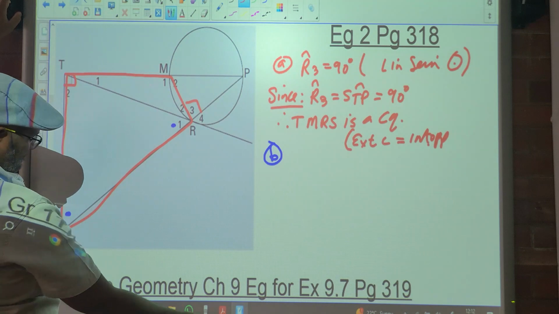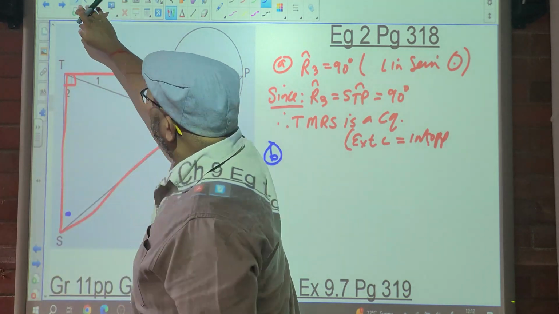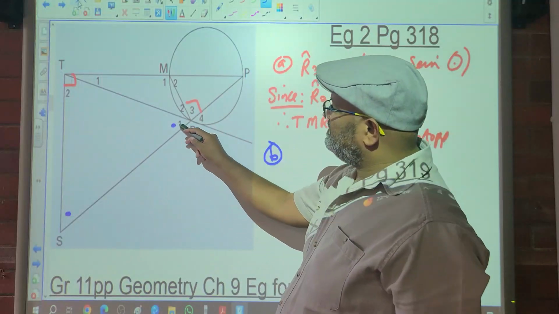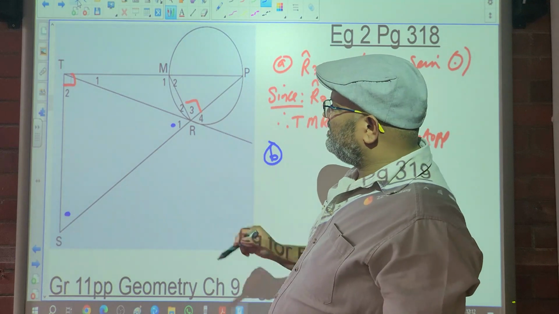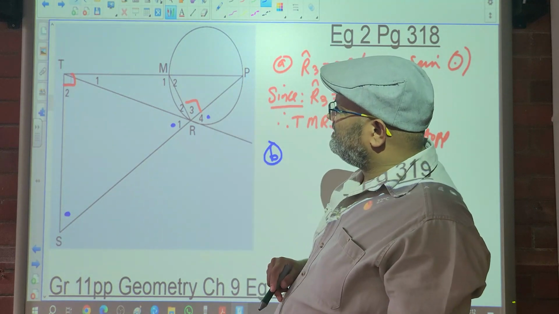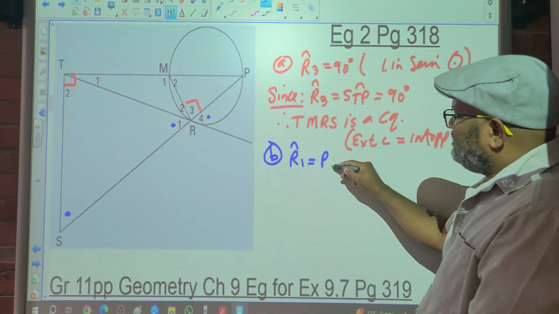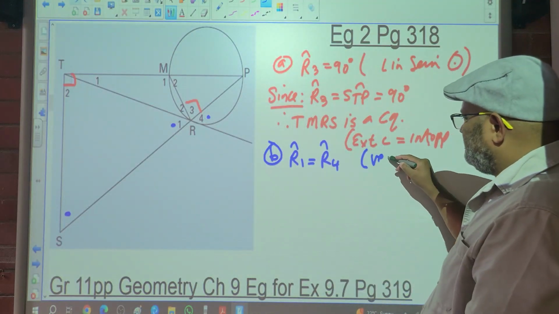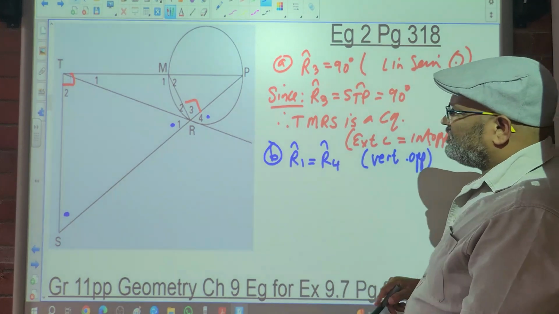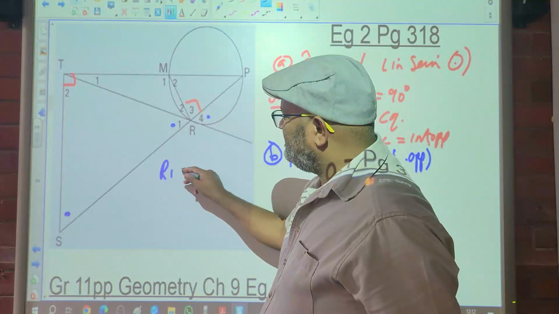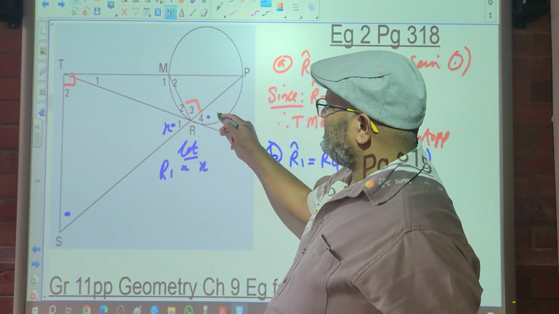So angle R1 is also equal to which angle? R1 is equal to R4. Why? Vertically opposite. So R1 is equal to R4 vertically opposite. Or I could have said let R1 equal x. So it will be x here and x here.